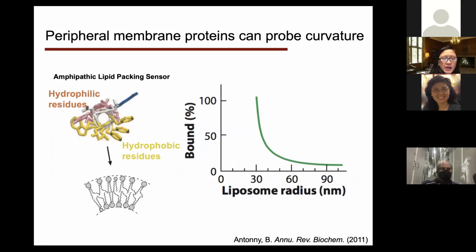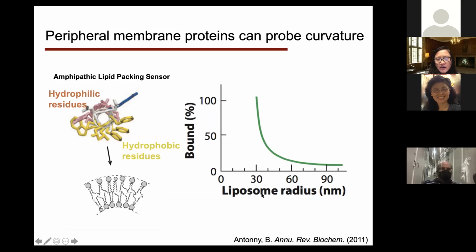What is shown here is a cartoon of the membrane that is curved, with some exposure of the hydrophobic tail portion out there. And if I have an amphiphilic protein that has its hydrophobic side on one side and the hydrophilic residues on the other side, it would seek to insert itself into the membrane.